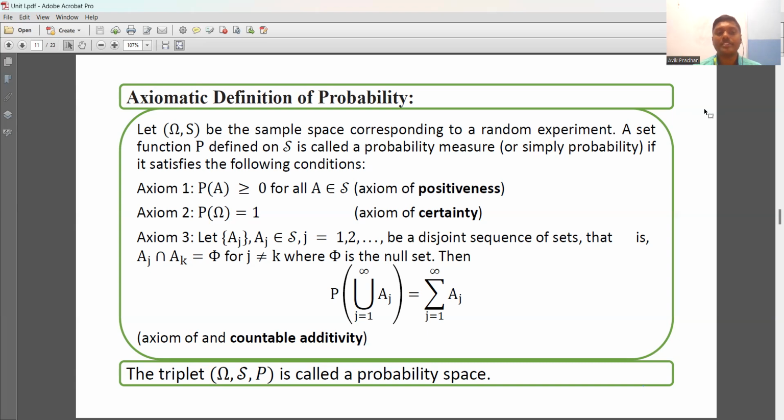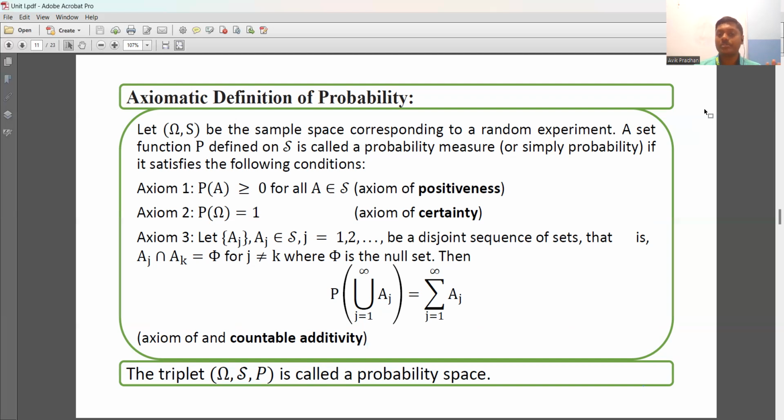The first axiom is that the probability of a set is greater than or equal to 0. Here, the set corresponds to an event. So the first axiom says that the probability of an event A is greater than or equal to 0 for all events A, which are subsets of the set of all possible outcomes and belong to the sigma field.